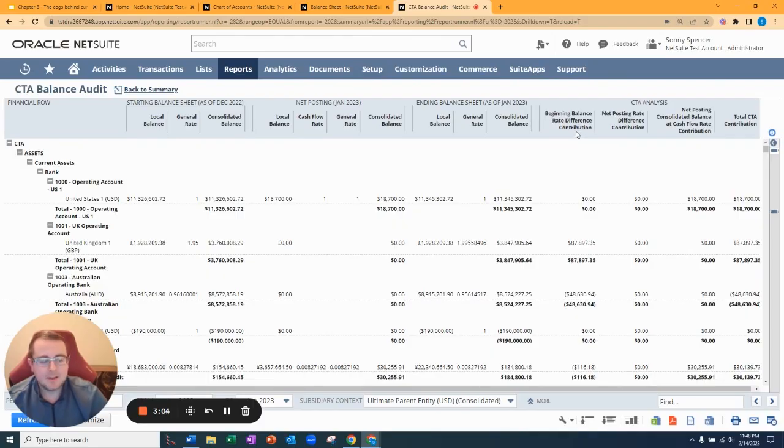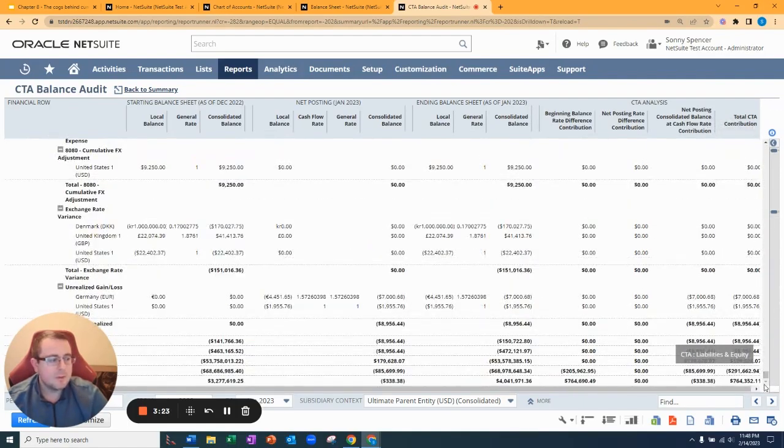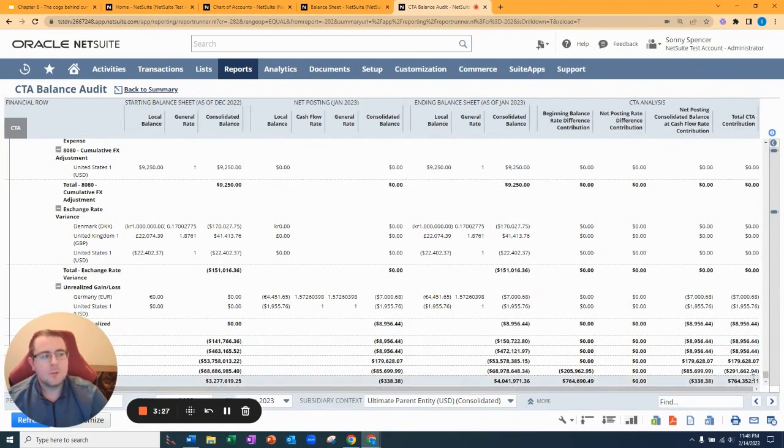So we take our beginning balance rate difference, we add to that our net posting rate difference, we add to that our net posting for the consolidated balance at the cash flow rate to arrive at the total CTA contribution for this accounting period. In fact, if we scroll to the bottom just to validate that, we are saying that the total CTA contribution for this accounting period is $764,000 US.